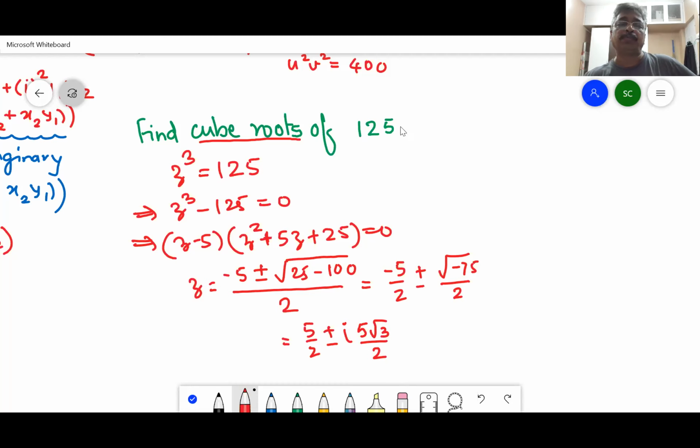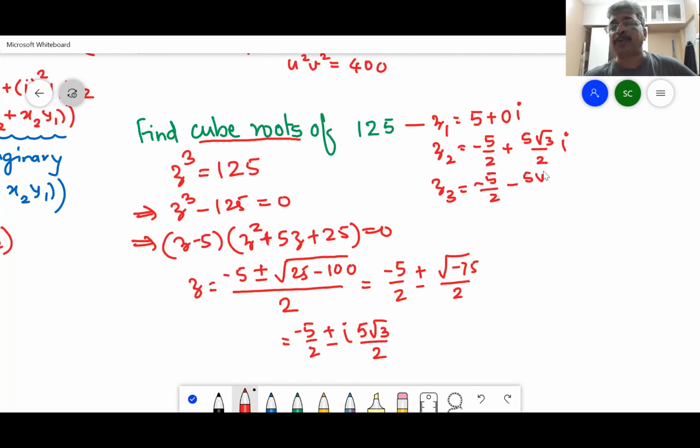So minus 5 by 2 plus or minus 5 root 3 by 2 i. Z1 is equal to 5 plus 0i. Z2 is equal to minus 5 by 2 plus 5 root 3 by 2 i, and Z3 is equal to minus 5 by 2 minus 5 root 3 by 2 i.